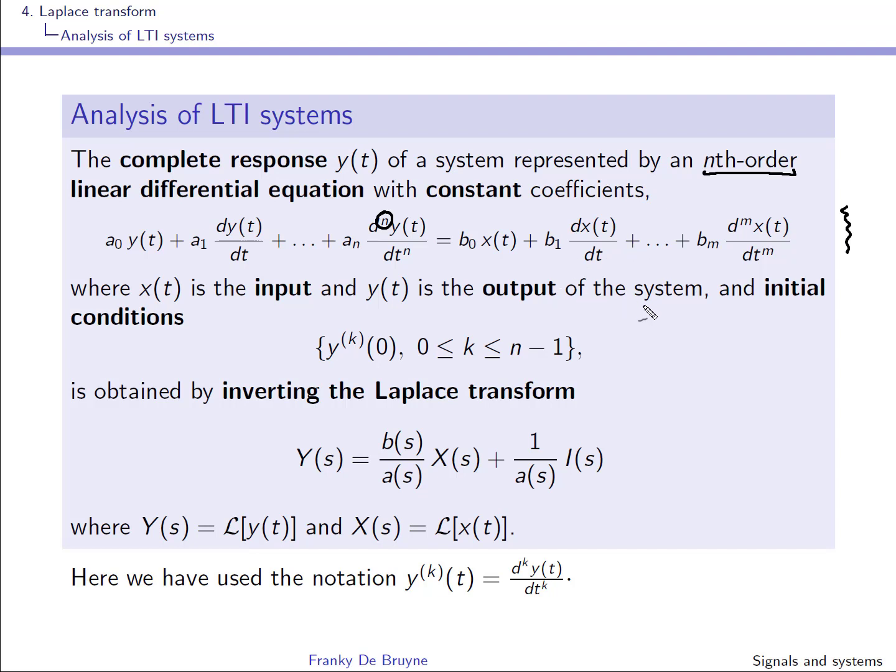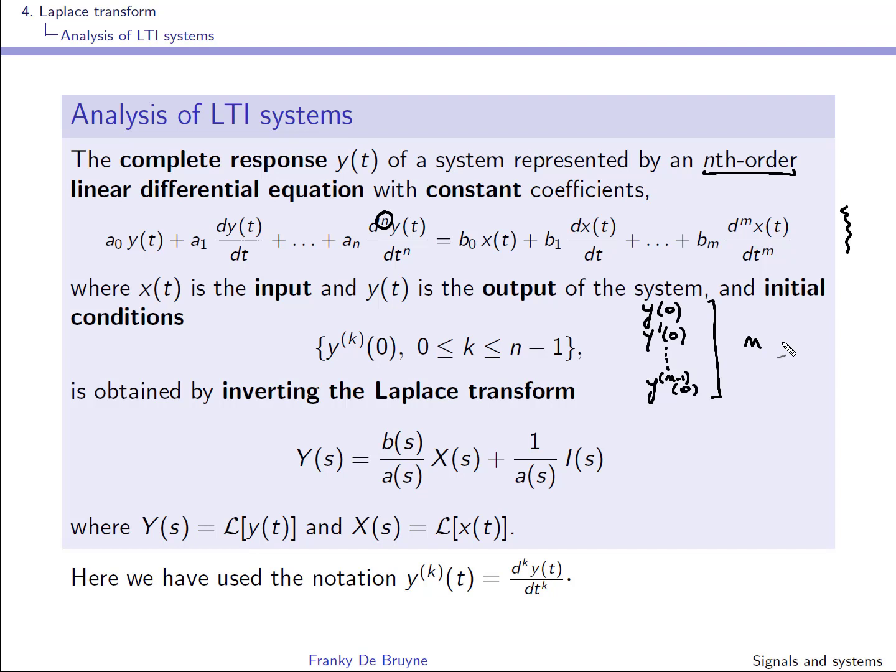So you'll have an initial condition on y itself, on its first derivative, and then you continue up to derivative n minus 1 evaluated at 0, and you see that in total you have n initial conditions.